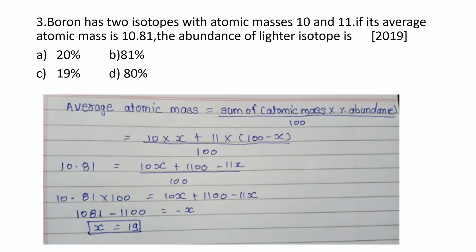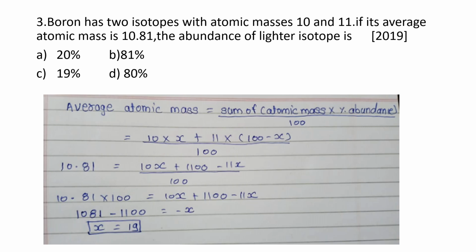Question number 3. Boron has two isotopes with atomic masses 10 and 11. If its average atomic mass is 10.81, the abundance of the lighter isotope is? Here isotopes of boron are given, with atomic masses 10 and 11. Then according to the formula of average atomic mass, we have the sum of atomic masses into percentage abundance by 100.